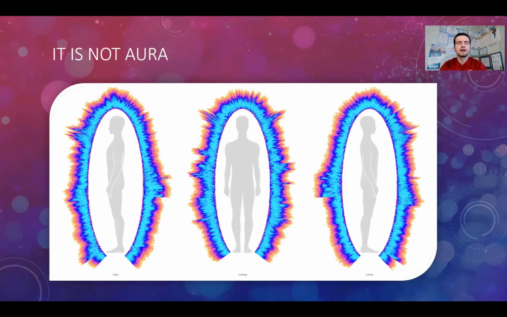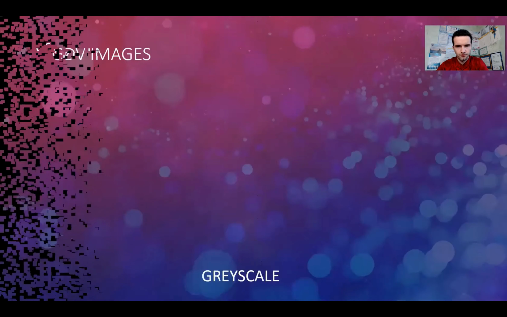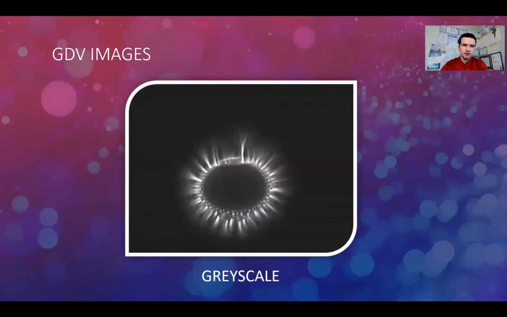The colors that you see here are also artificial colors. This coloring is made by the software. It's not the real colors of the emission of the glow in the photograph. The image with which Biowell and other GDV software is working is actually grayscale. So it works with black and white.